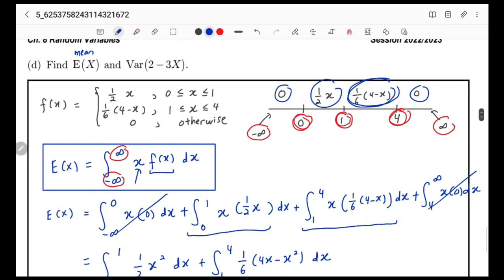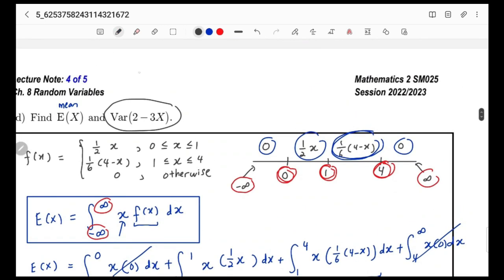And then we need to find the variance 2 minus 3x. By using the properties, variance 2 minus 3x is equal to variance 2 plus variance negative 3x. I put the sign plus here to make sure that the value of variance is positive, since variance cannot be negative.